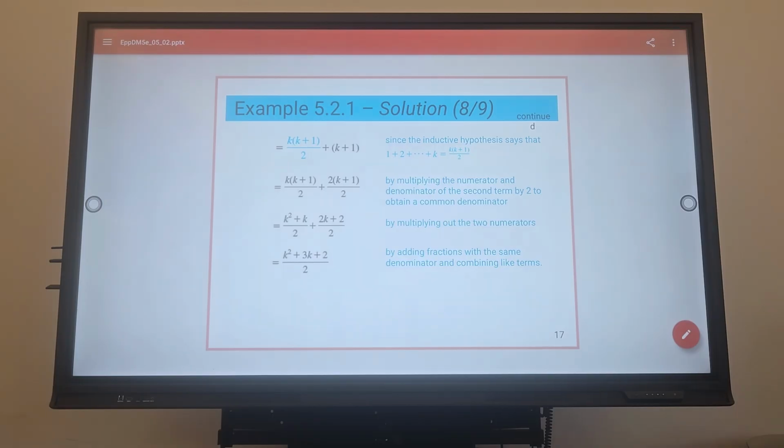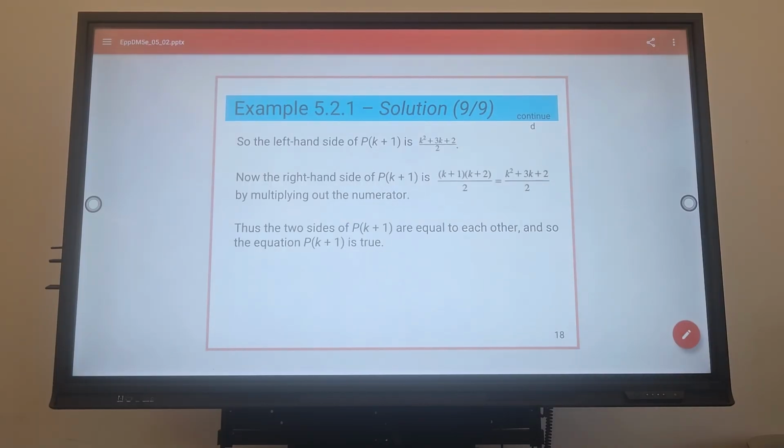Then doing some algebra, you get to k squared plus 3k plus 2 over 2. So the left-hand side of the equation is k squared plus 3k plus 2 over 2.